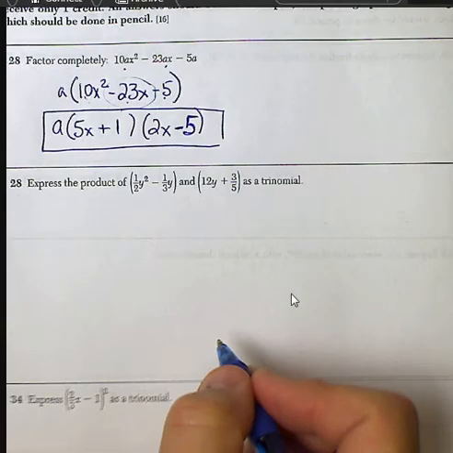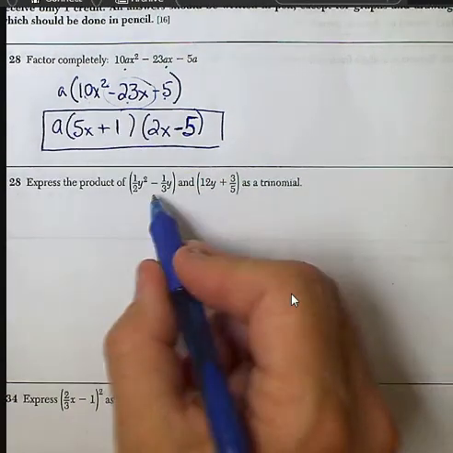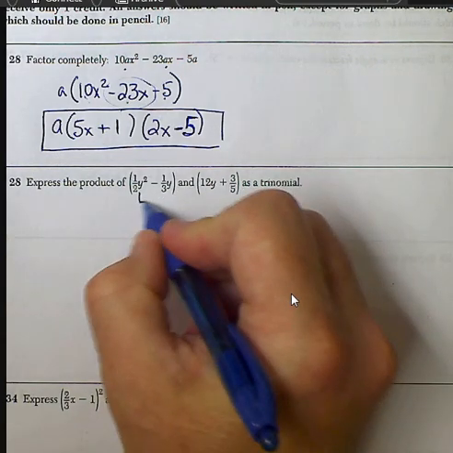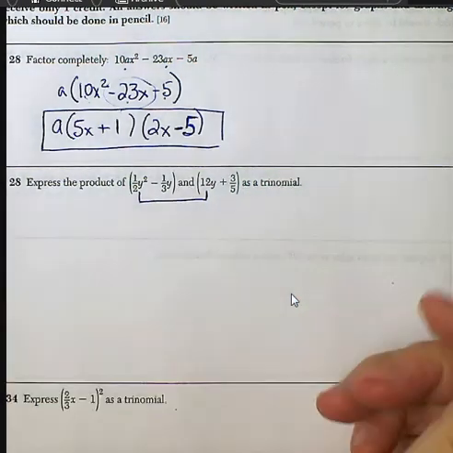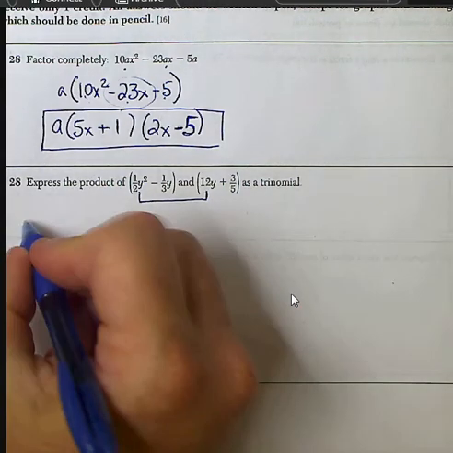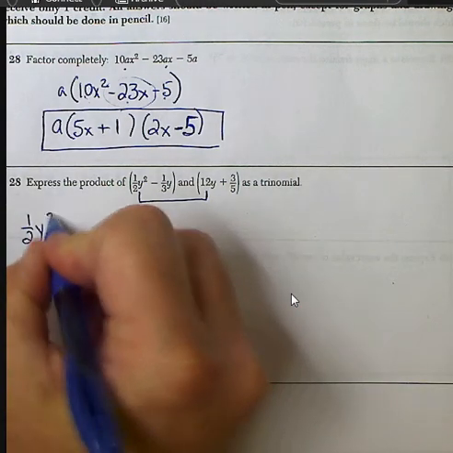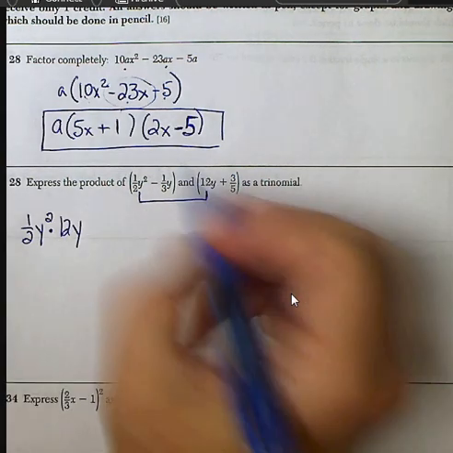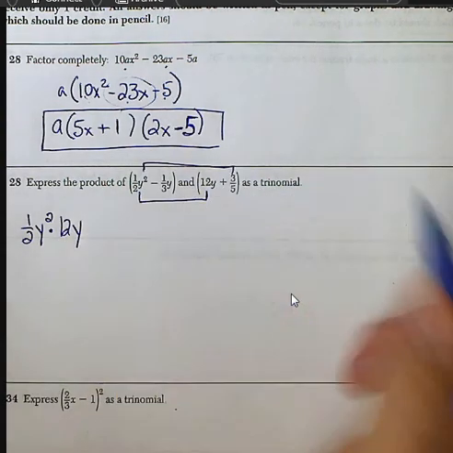Next question, we want to express the product of this. So if we want to express the product, it's two binomials and we're going to have to FOIL. So please write big so you can see clearly what you're doing. This is 1/2 y squared times 12y. And then 1/2 y squared has to multiply the 3/5.